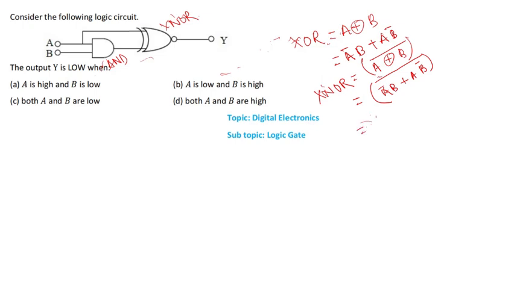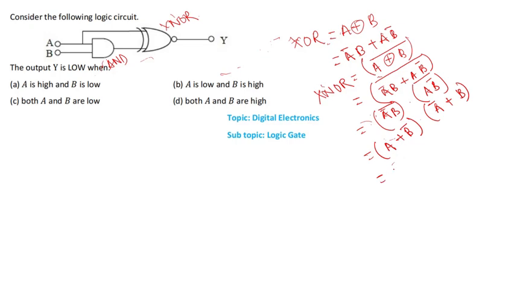From De Morgan's law, we can easily write it in this form: A plus B bar, into A bar plus B, right?